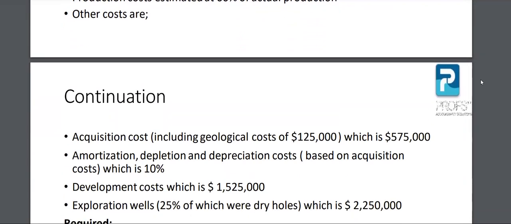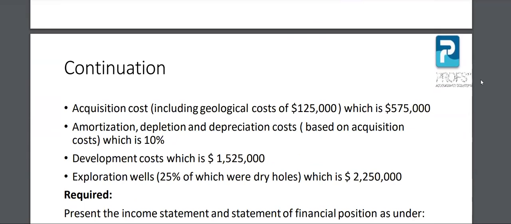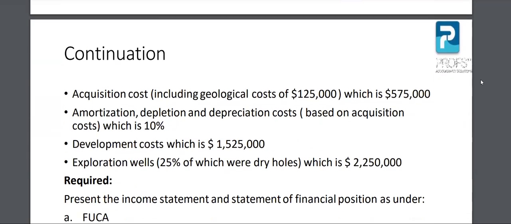And these are the other costs. We have acquisition cost, which is $575,000. So here the total acquisition cost, including geological, is $575,000, but the geological cost out of the $575,000 is $125,000. Then we have the DDA. That's what I mostly call it, but here it is ADD, but I call it DDA. So we have 10%, and it's based on acquisition cost.